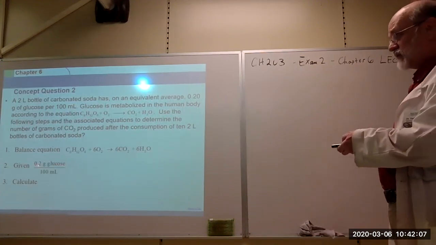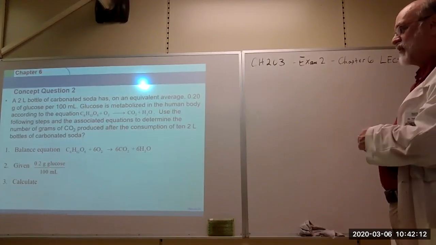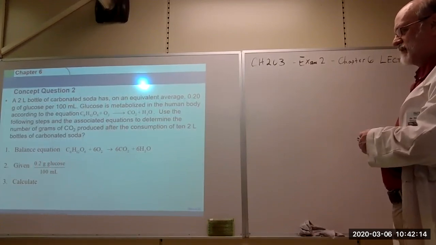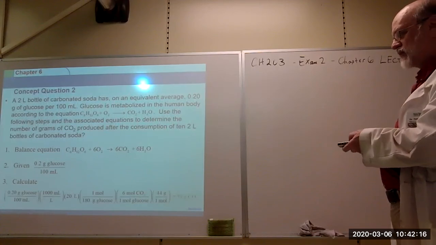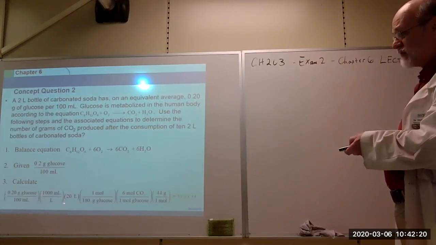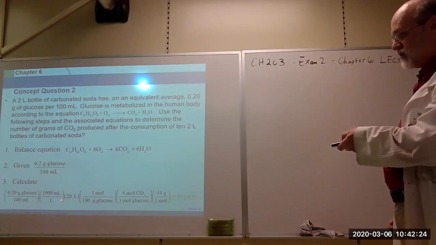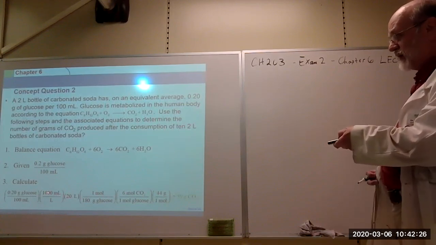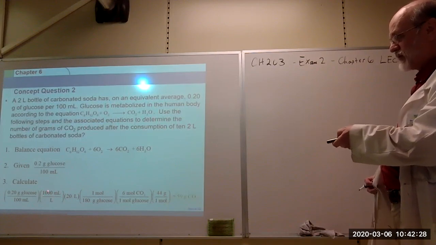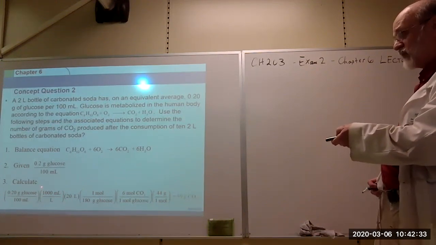Right? So you're given 0.2 grams of glucose per every 100 mils. Well, how much total glucose is that? Right? So you need 1,000 mils per liter, and you actually have 20 liters because you got 10 2-liter bottles. Right? So that gives you the number of milliliters of soda, and that cancels here and gives you the number of grams of glucose.